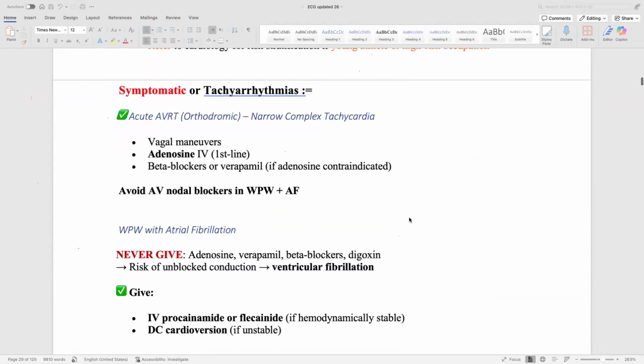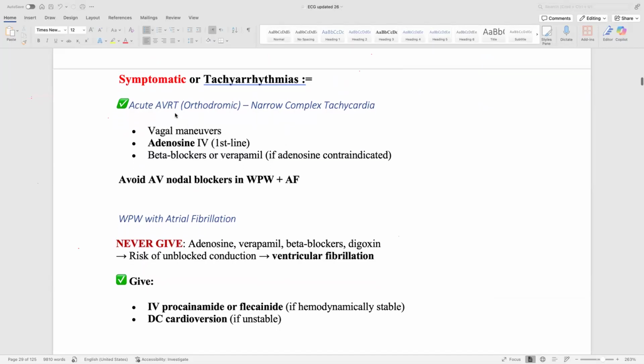If the patient is symptomatic, same as SVT, because it's actually a kind of SVT. Vagal maneuver, adenosine, beta blocker, verapamil, if it is AV nodal re-entry tachycardia, narrow complex.